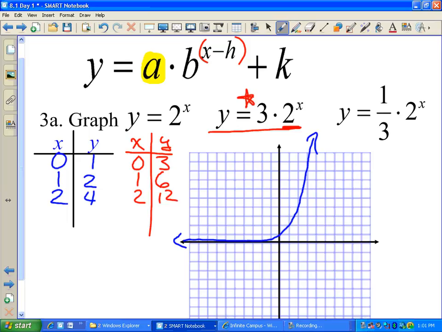So my graph now moves differently. Instead of just doing 1, 2, 4, it's going to hug the x-axis again, but it's now going to move up a little faster and goes through 0, 3, and then 1, 6, and then 2 and 12.